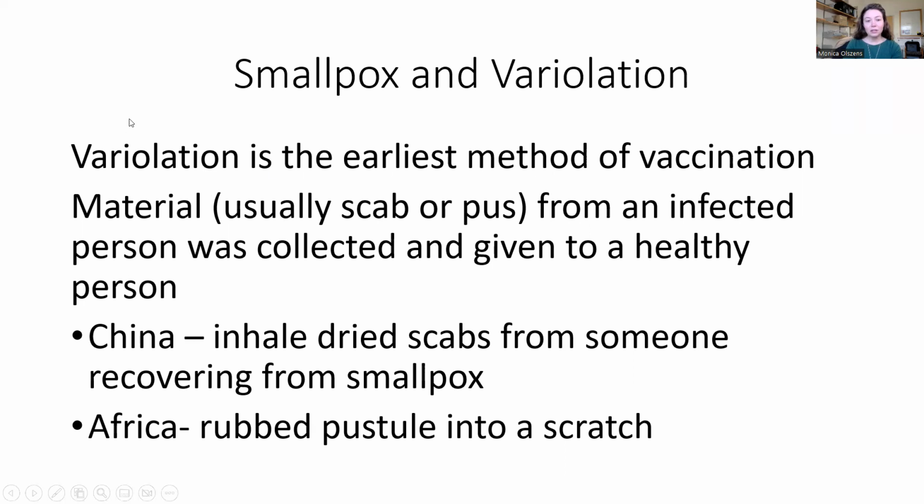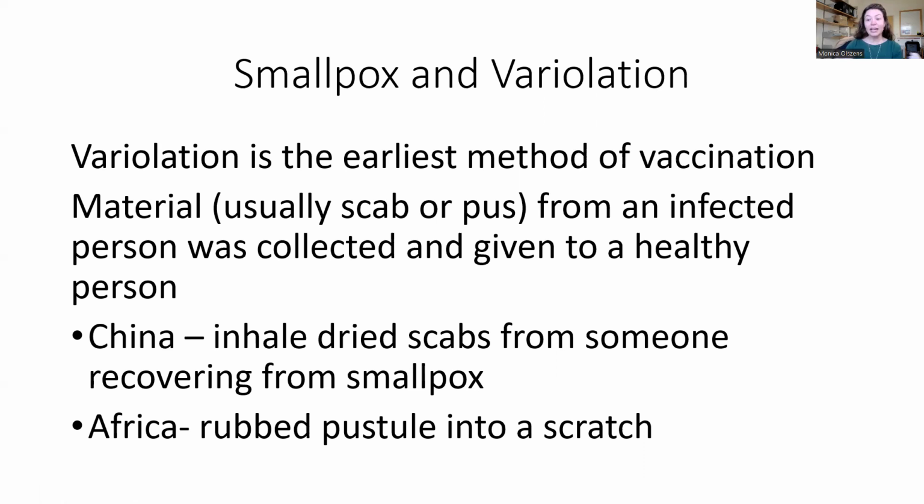So now let's talk a little bit about the first attempts at creating immunity on purpose. Variolation is the earliest method of vaccination. And what that means is people took material, it's not pleasant, usually scab or pus from an infected person, was collected and given to a healthy person.